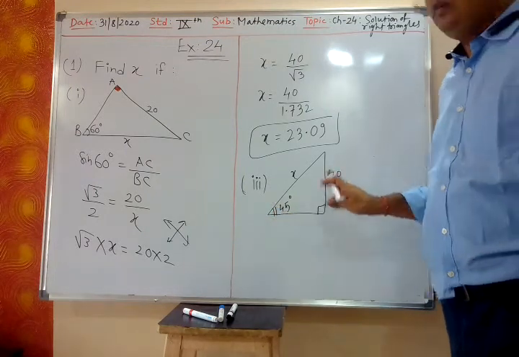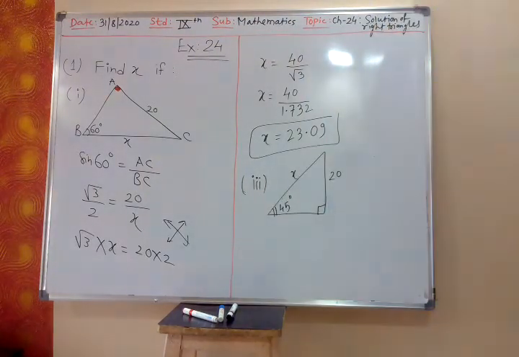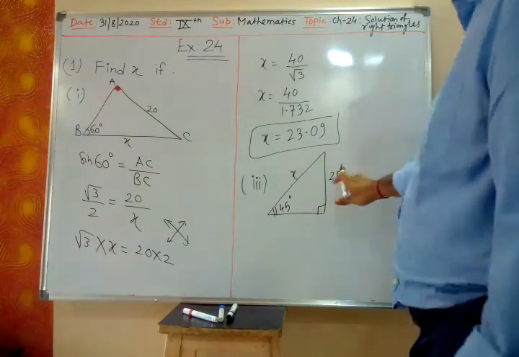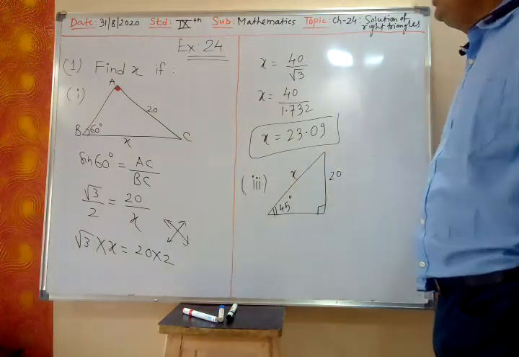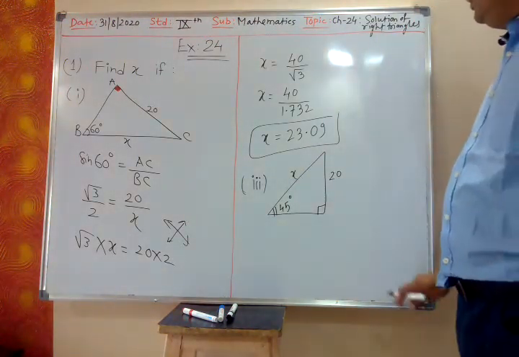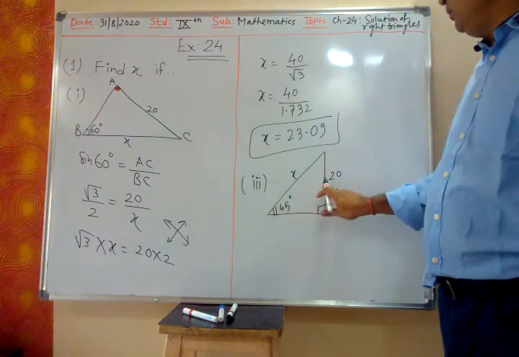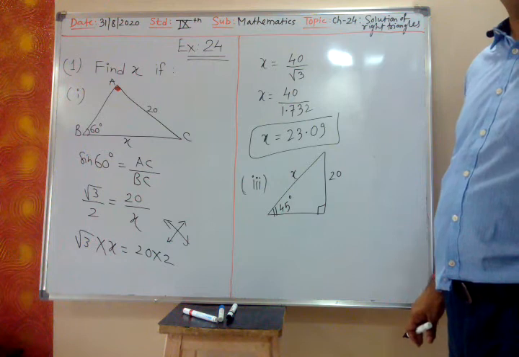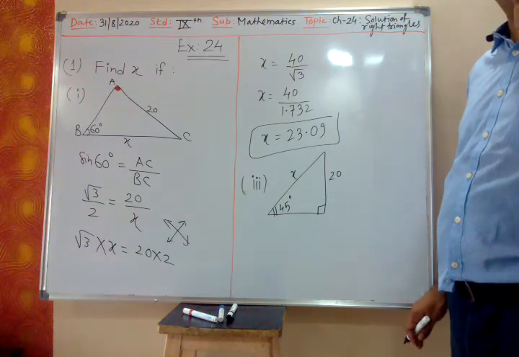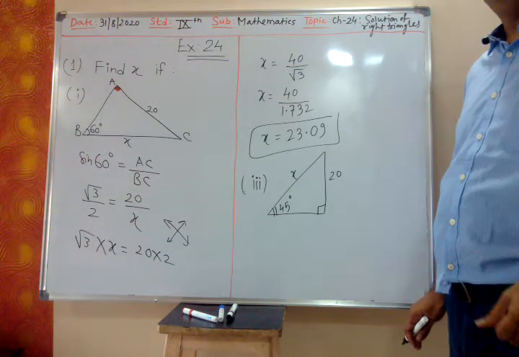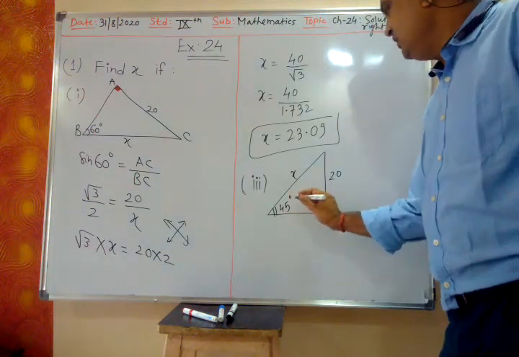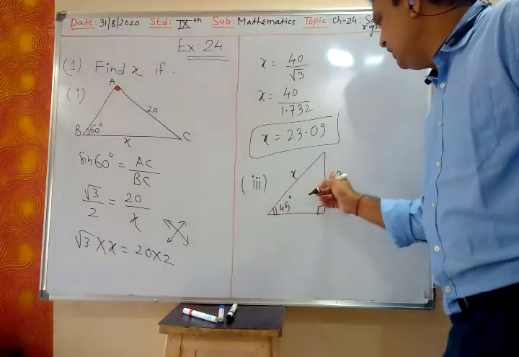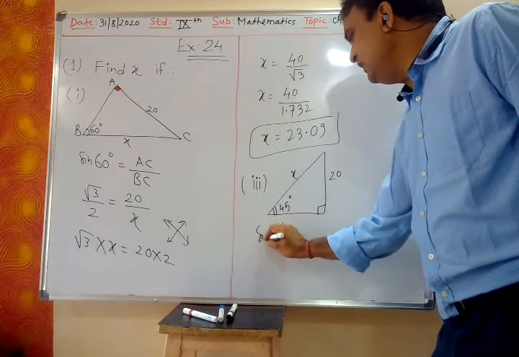Opposite to 45 degrees, the opposite side is given, and then the hypotenuse. So in which ratio is there opposite and hypotenuse? Sine. So you will consider sine.